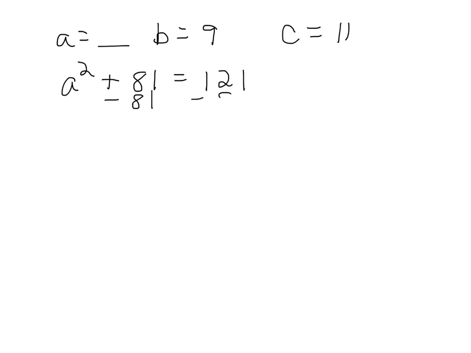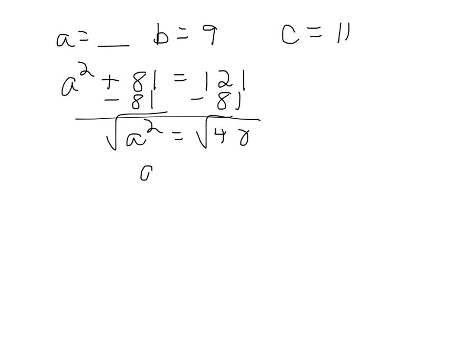When I subtract from both sides, I find out a squared is equal to 40. When I take the square root of this, you can just hit the square root button on your calculator, and it is about 6.32. So we're going to say a is about 6.32.